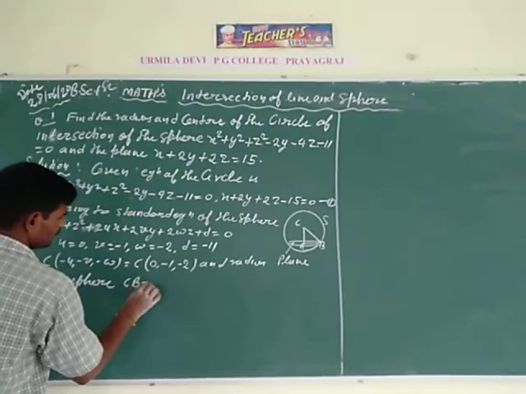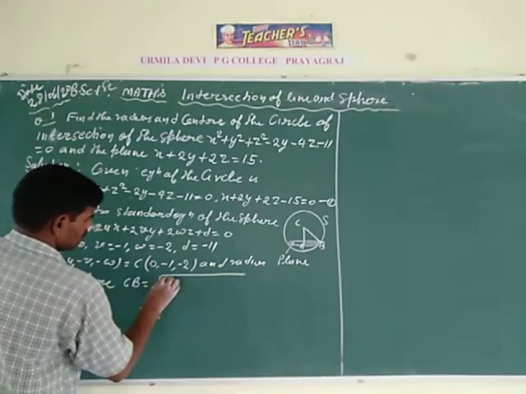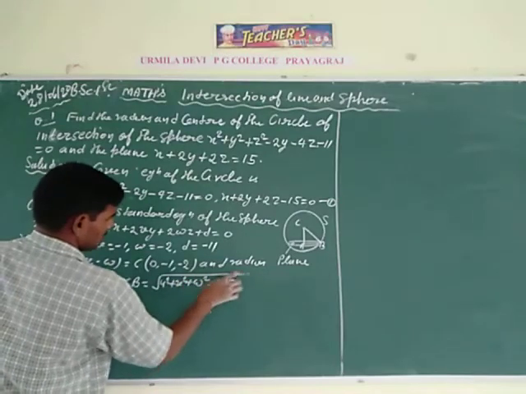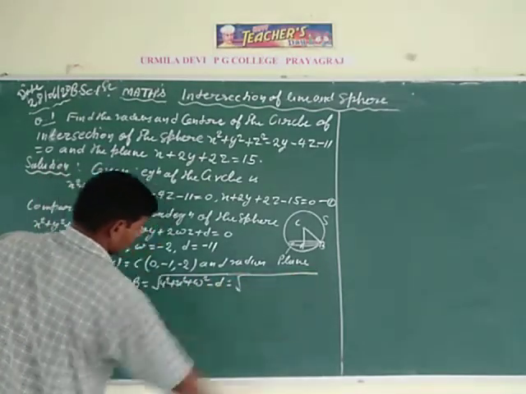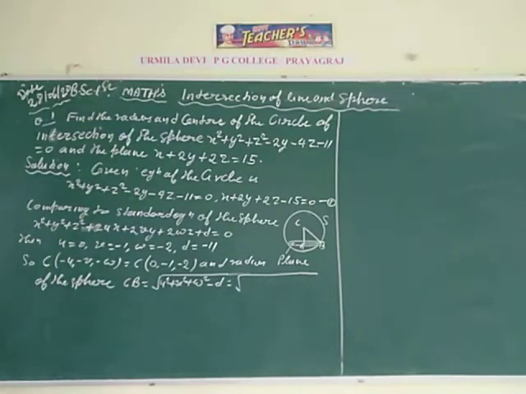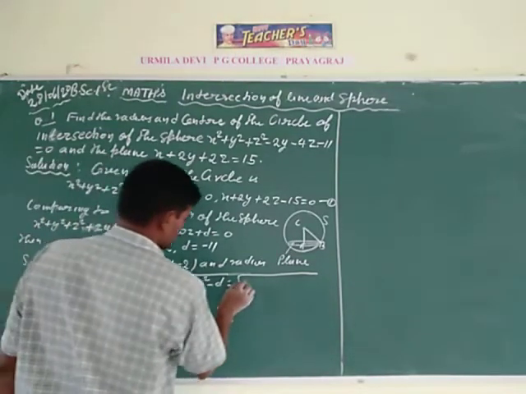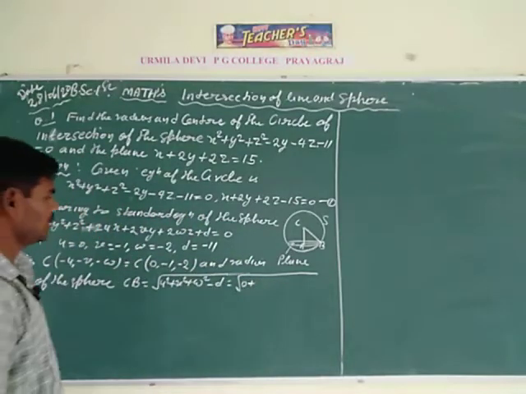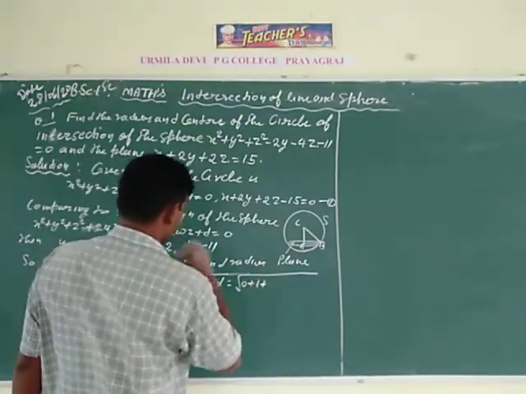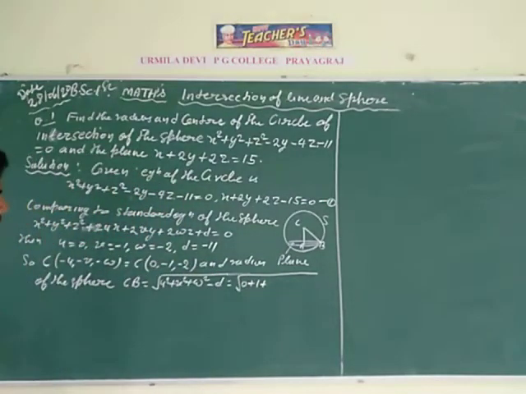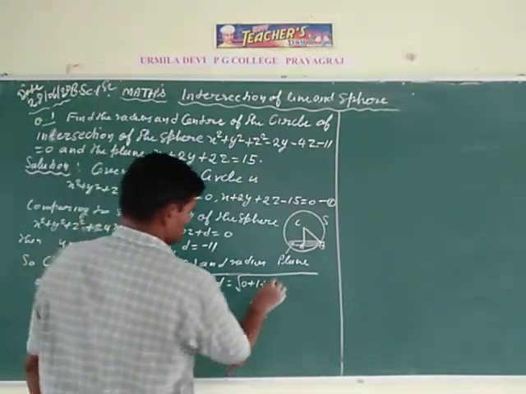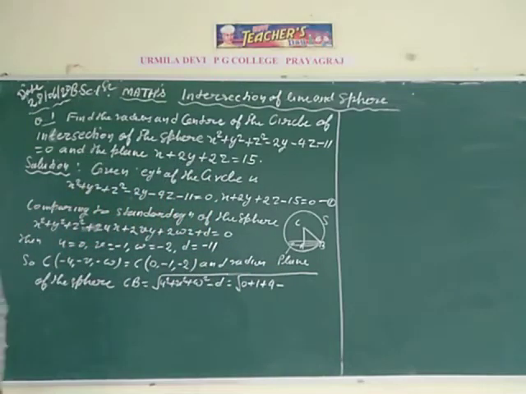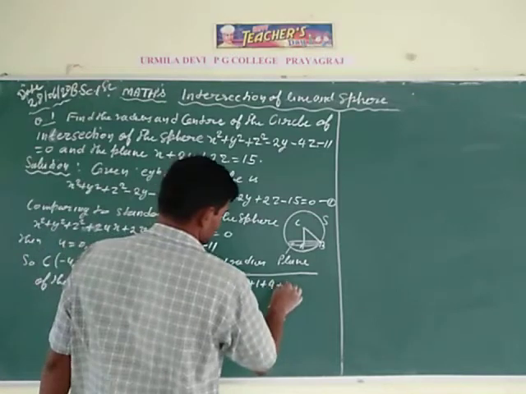So CB is equal to the square root of u square plus v square plus w square minus d. Putting in these values of u, v, w and d: u is equal to 0, so 0 square is 0, plus v, which is minus 1, whole square is plus 1, and w is equal to minus 2, whole square of that is equal to 4. At last, minus d, here d is equal to minus 11, so minus minus gives plus 11.